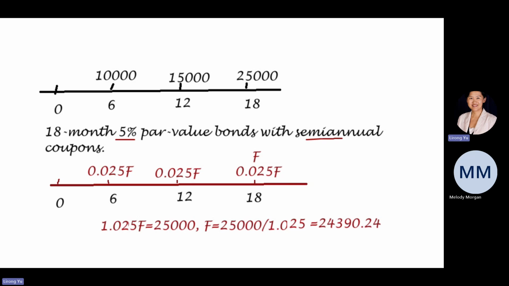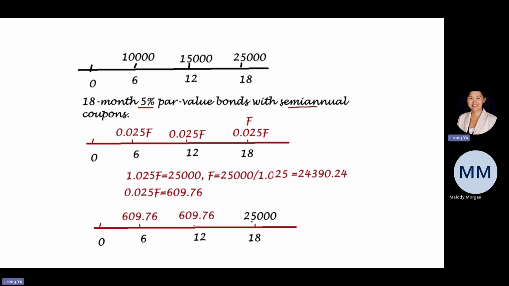And then we want that cash flow to exactly equal 25,000. That will allow us to solve for the face value, which ends up being 24,390.24. Are we okay with this? All right, so then we know how much F is supposed to be, and now we know the entire cash flow. If you multiply 0.025 by F, you get 609.76.